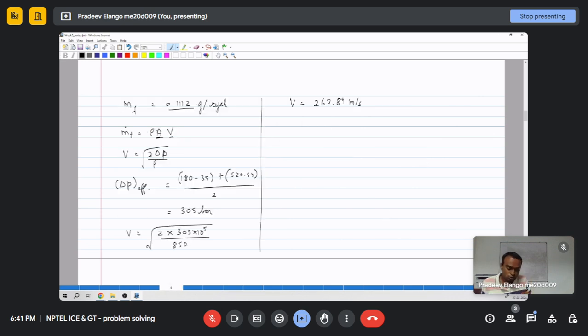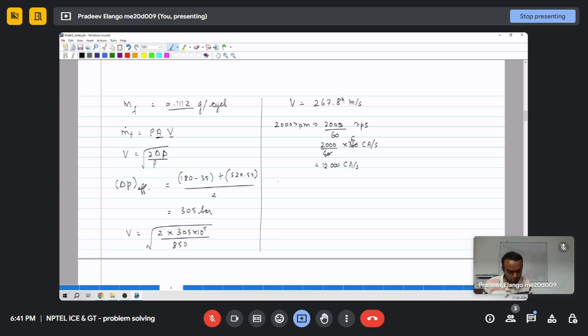What do you think? So 2000 rpm means 2000 by 60 rotations per second, and to get it into crank angles, every rotation will have 360 degrees. So this is 2000 by 60 into 360 crank angles per second, which will be 12,000 crank angles per second.